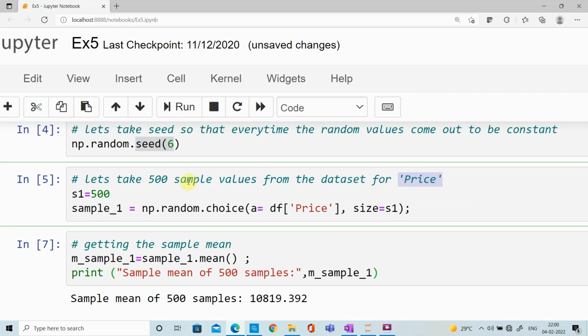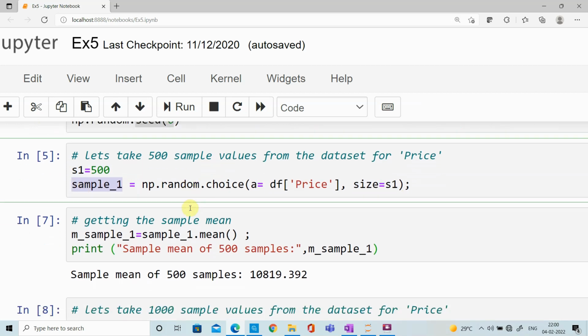From the NumPy library, you have random choice. In that, I apply the price column only, and from that column I take 500 samples randomly. Out of 1436, I randomly select 500 samples. So now the sample is ready.